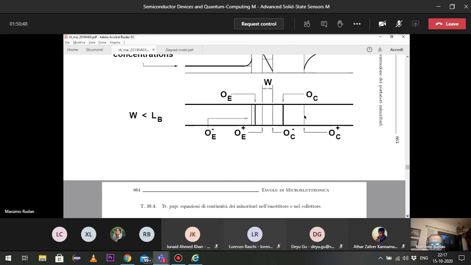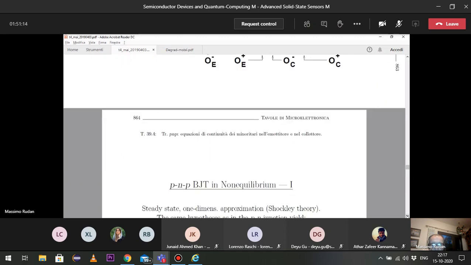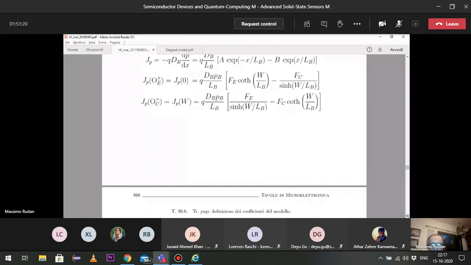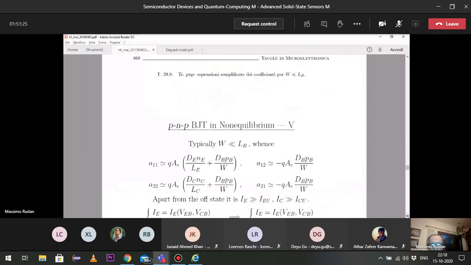And of course, if you have a light doping concentration in the collector side and you have OC plus very large, then impact ionization will be prevented, as you remember, okay? Because typically the collector junction in the bipolar transistor is reverse biased, and you have a danger of impact ionization. So this is it for the bipolar transistor.